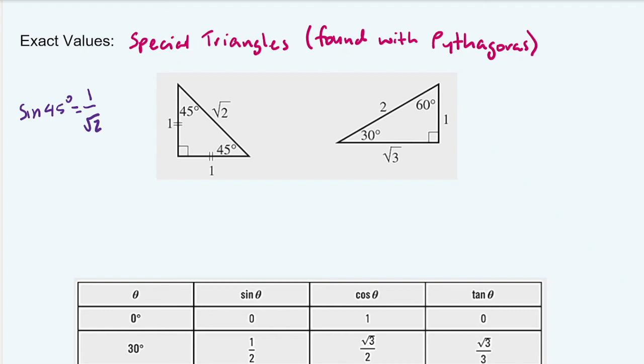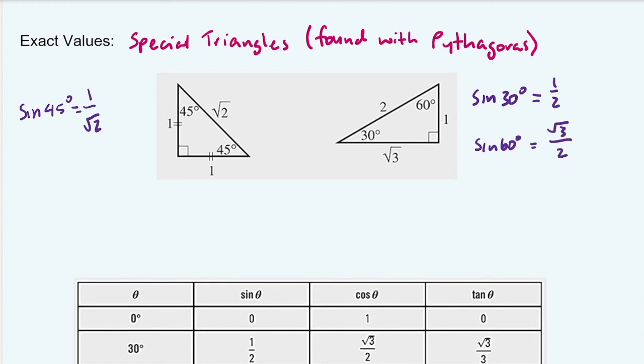Depends on the angles that you're looking at. So if I was to go over on the other side and go sine of 30 degrees, this one is going to be 1 over 2. So this is all coming out of our exact values of our special triangles. Sine of 60 degrees is actually going to be the square root of 3 over 2.